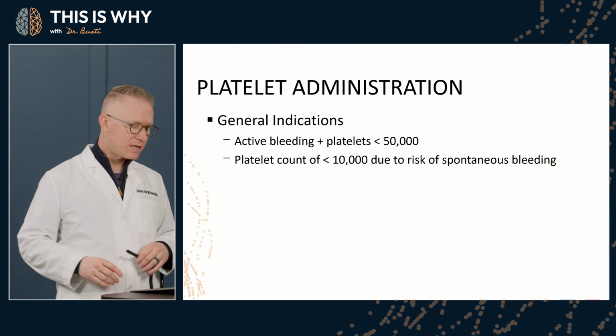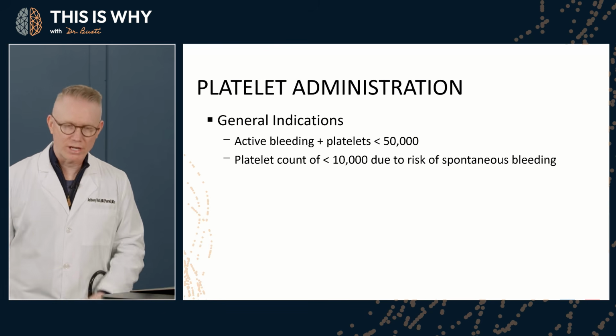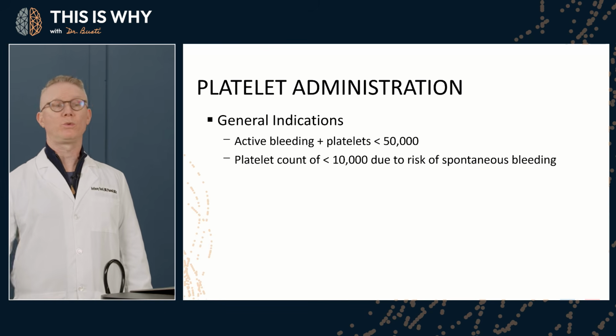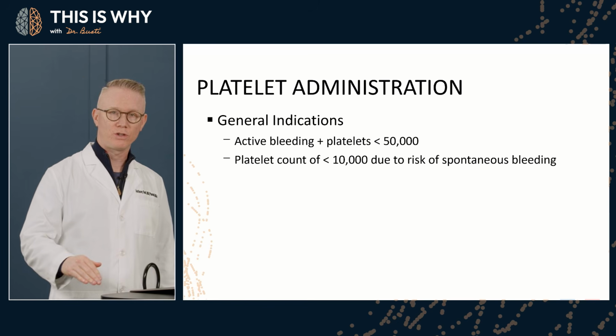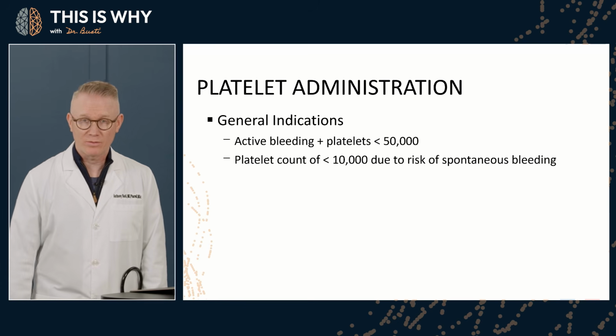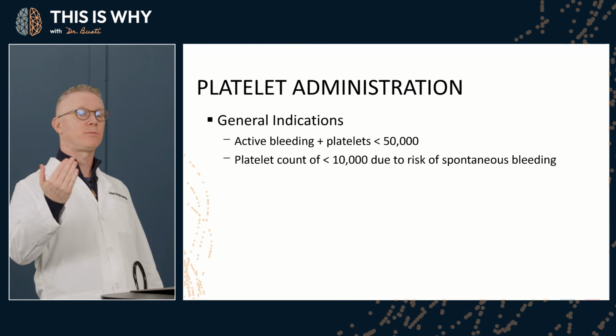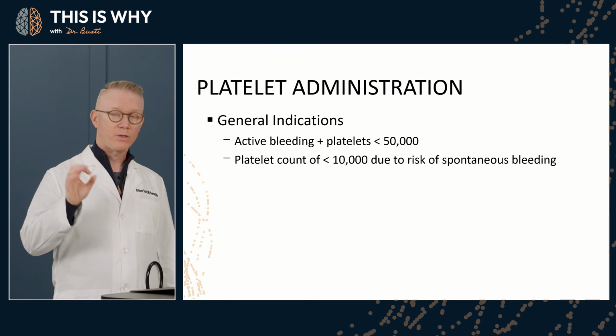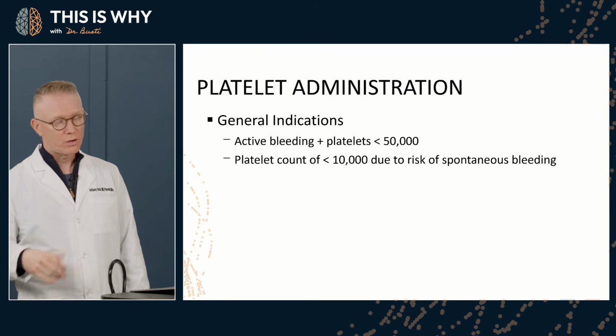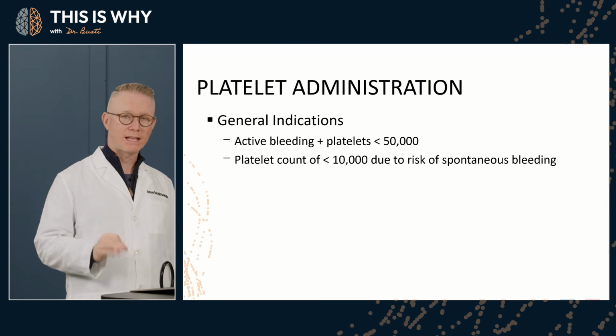All right, next is platelet administration. I mentioned that earlier. What do you do when your platelets drop too much and you got active bleeding going on? Remember, usually when that's less than 50,000, the risk of bleeding goes up. The risk of spontaneous hemorrhage really starts to go when you get less than 10,000.